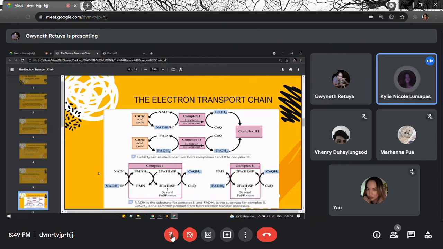However, no protons are translocated across the membrane by complex 2. Therefore, less adenosine triphosphate or ATP is produced with this pathway. Next, this is the overview of complex 2. The FADH2 here is produced when acyl CoA is oxidized to enoyl CoA in the first step.